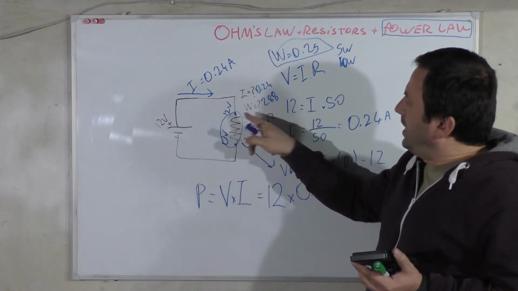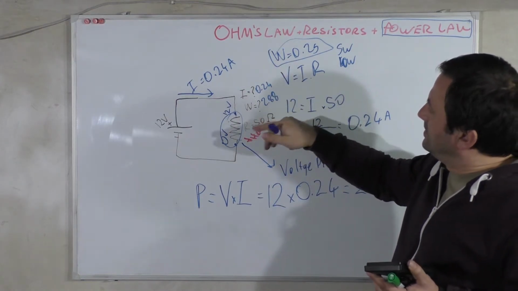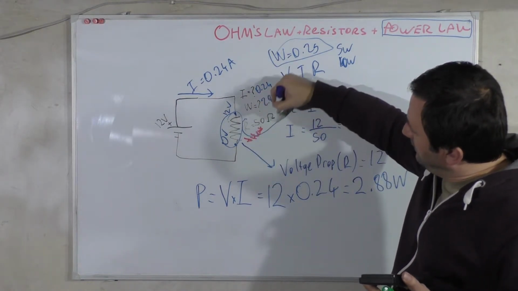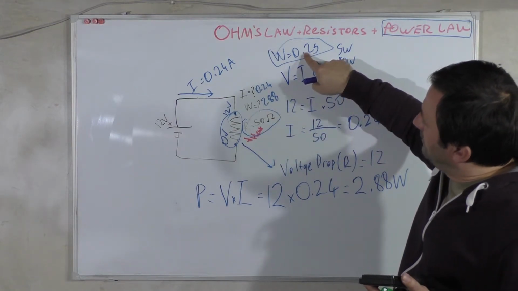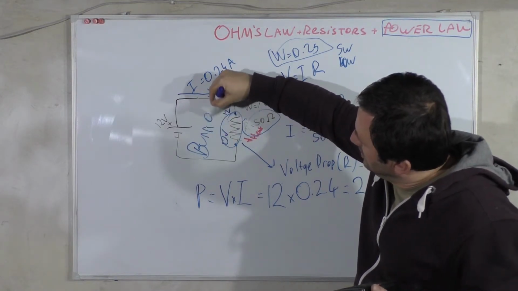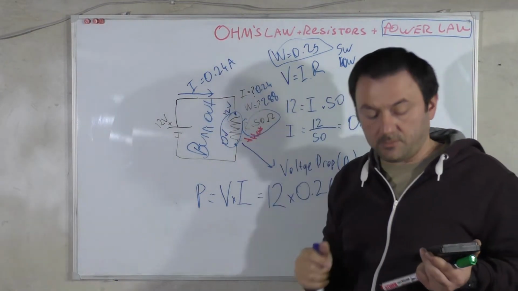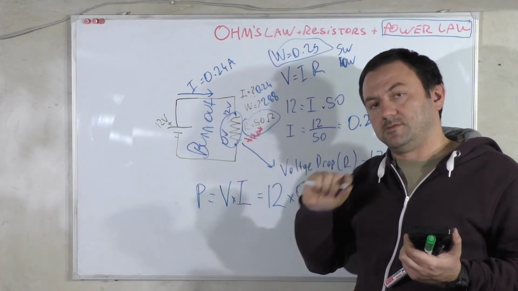So if I made that circuit with that resistor, which I am choosing as 50 ohm with a power rating of 0.25, it will burn out. Now I'm going to burn it out. We will increase the voltage physically.